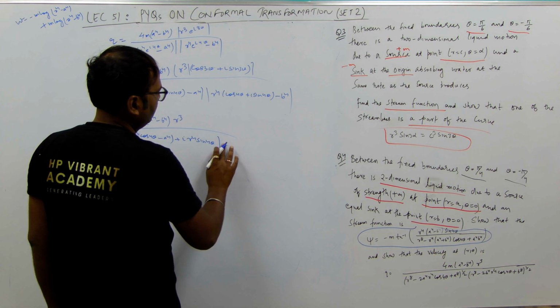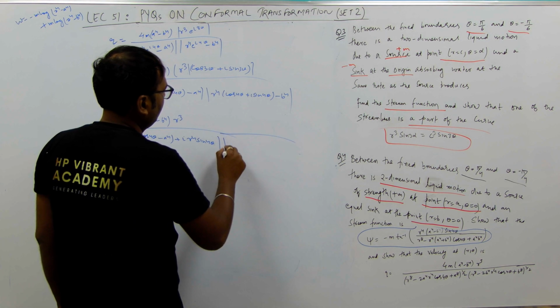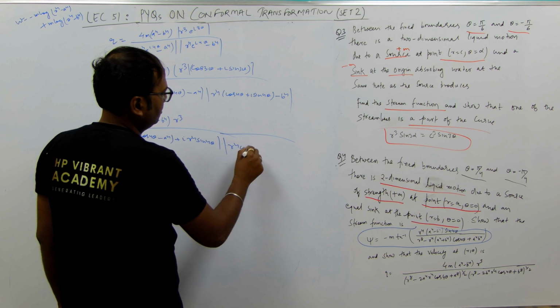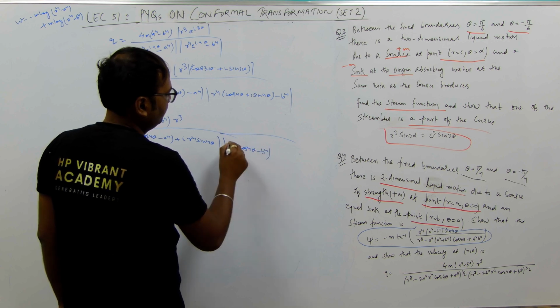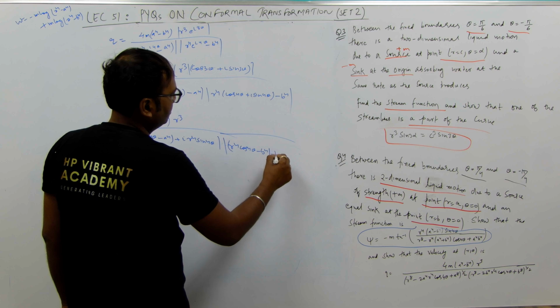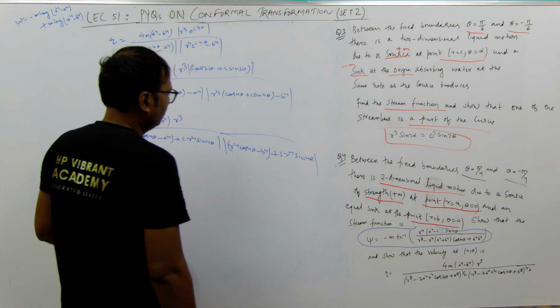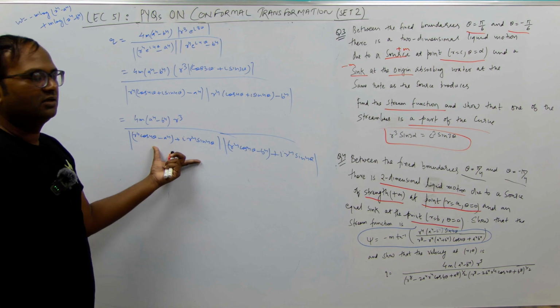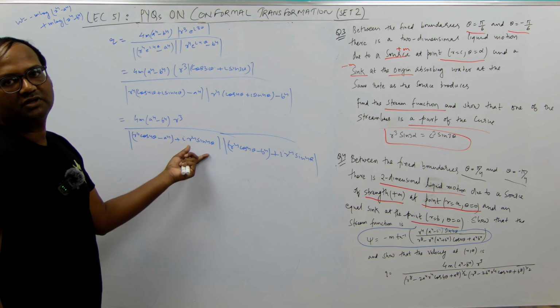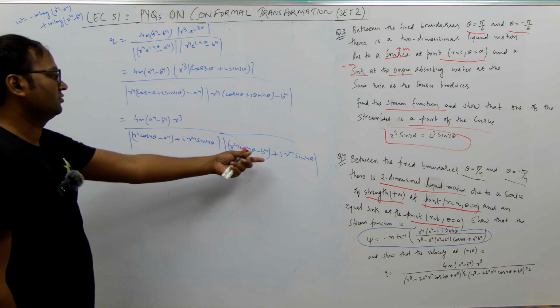Similarly for the other. The mod of this value is the square root of real part squared plus imaginary part squared.